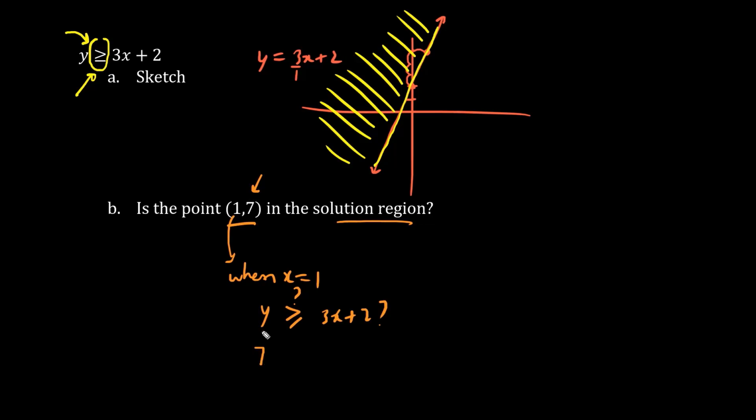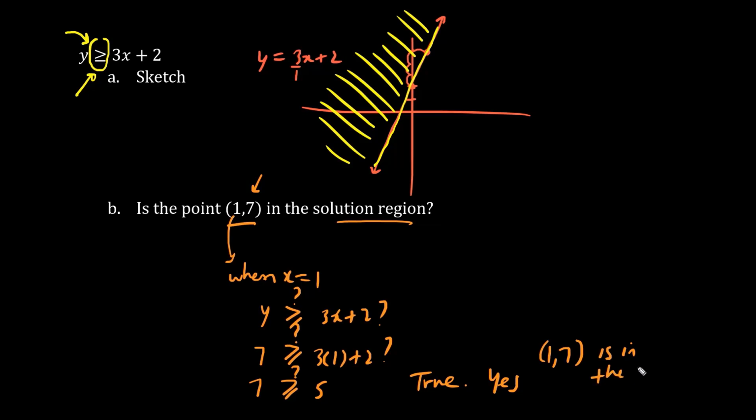Is 7, using substitution, greater than or equal to 3 times 1 plus 2? The left side is 7, and the right side is 3 plus 2, which is 5. So yes, indeed, 7 is greater than or equal to 5. So we'll say true or yes, this point 1 comma 7 is in the solution region.